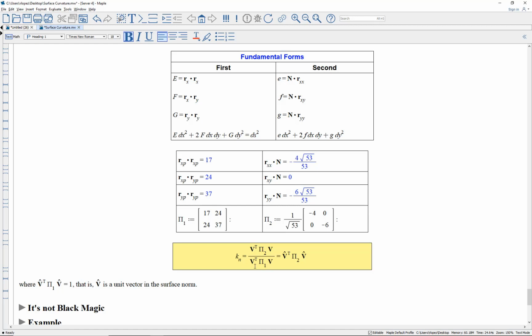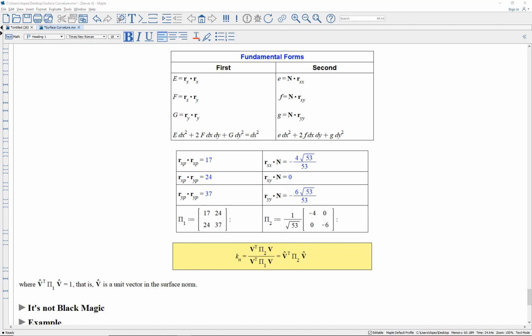And if this first fundamental form uses a unit vector, then the normal curvature is just the numerator, which is this quadratic form using the second fundamental form.